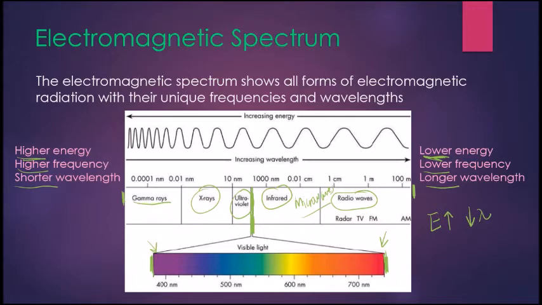Energy and wavelength are also inversely proportional. If the energy goes up, the wavelength goes down. The energy and the frequency correlate together and go in the same direction. So lower energy, lower frequency, higher energy, higher frequency.